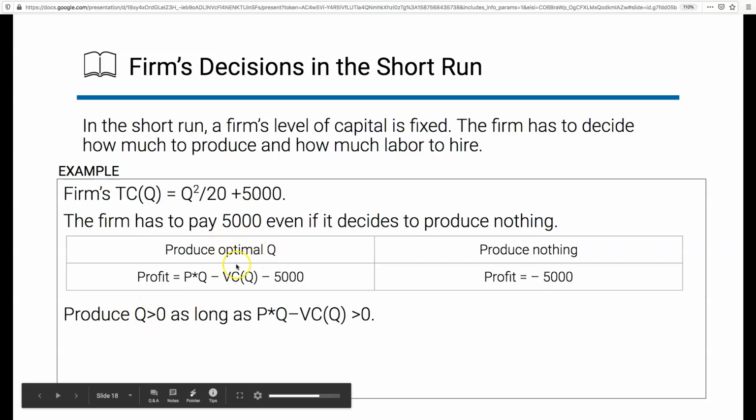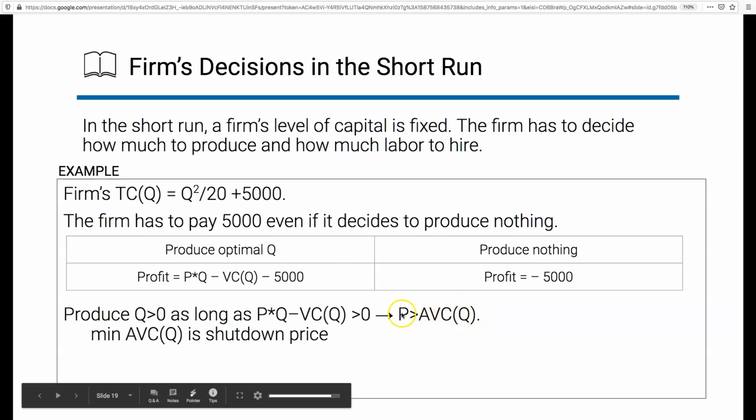So optimal quantity gives you higher payoff as long as total revenue exceeds your variable cost. Now, if we take this inequality and divide everything by the quantity, we'll get price minus variable cost divided by quantity. This condition can be also written down as price has to exceed the average variable cost of output.